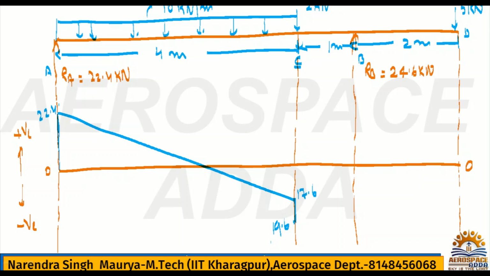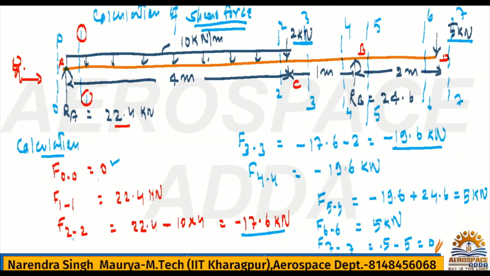It doesn't matter whether it is force or moment. If you are writing just before and after for point A, what is just before? Just before is 0. What is the value after A? After A is nothing but F11. So this is just before and this is just after.